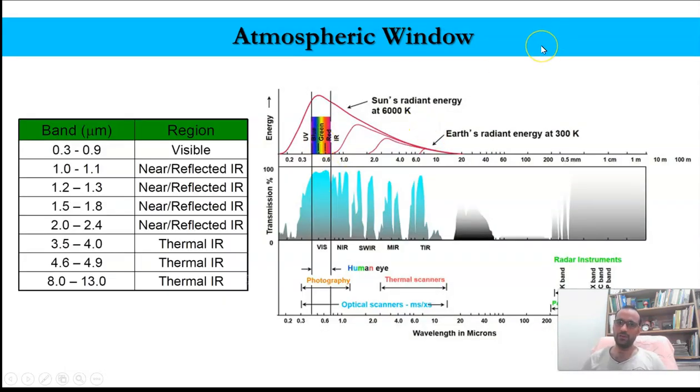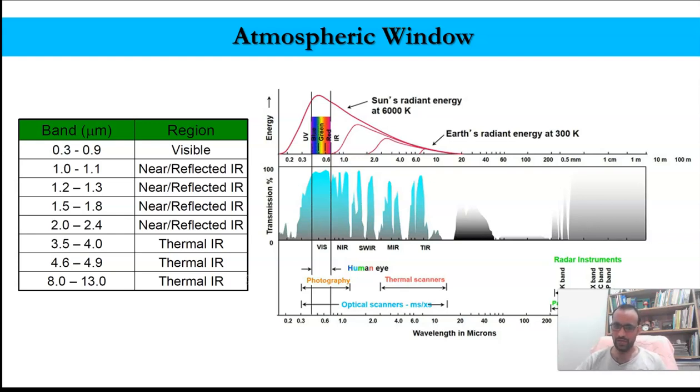Then atmospheric window, you have to understand atmospheric window very carefully, because the electromagnetic spectrum has different energy, different wavelength. Okay, so they behave differently. Some part can reach the earth, some part cannot.